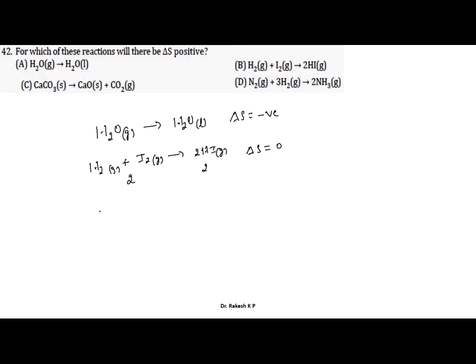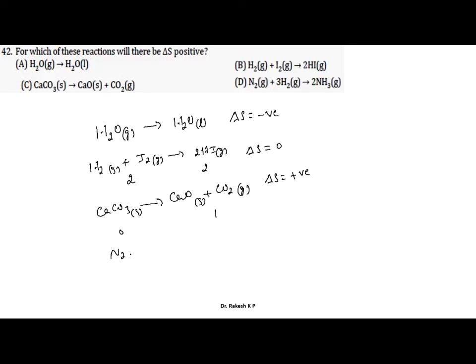Come to this one here, calcium carbonate, which gives calcium oxide plus carbon dioxide. Carbon dioxide is a gas, the others are solids. You have to identify only the gas. In the reactant we can't identify any movement, but in the product we got the gas. That means here it is 1, there it is 0. That means delta S becomes positive. Okay, see the last one here.